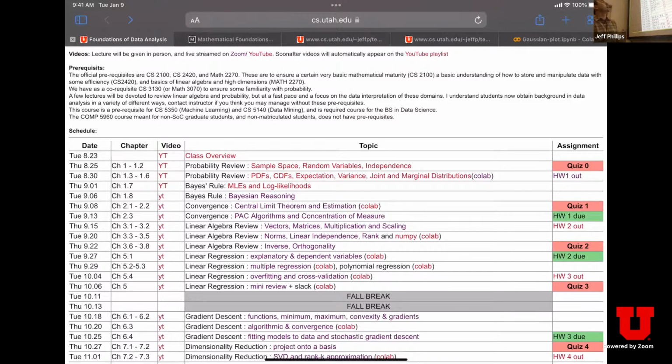Okay, and then the other thing to notice is that quiz number 1 is going to be on Thursday. If you go to it, you'll see that the quiz is there, but it's not going to open until 11:35 on Thursday.